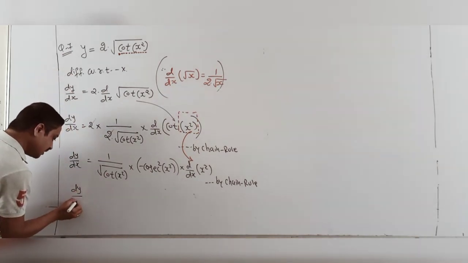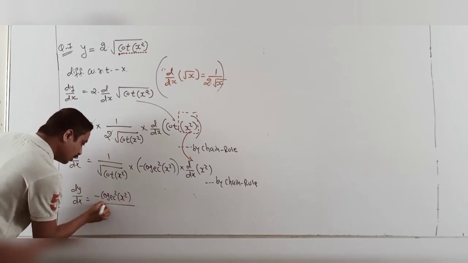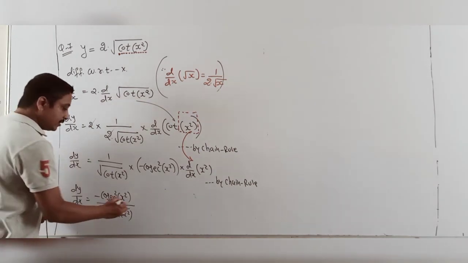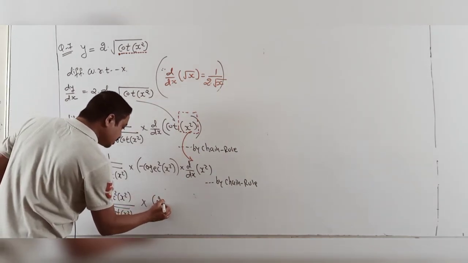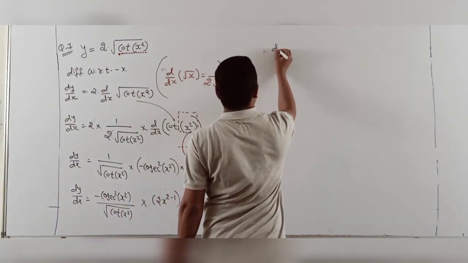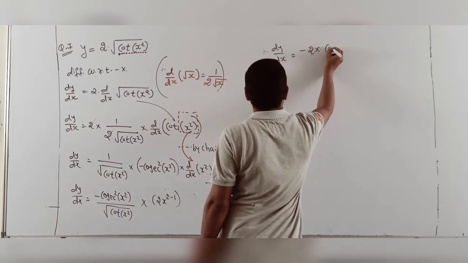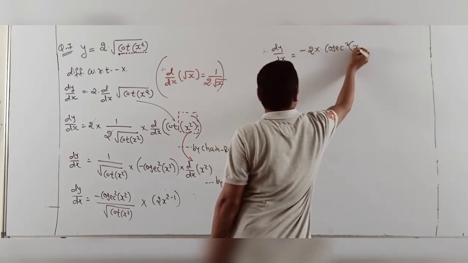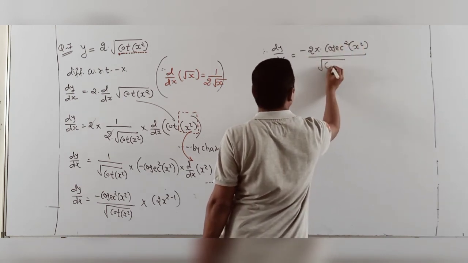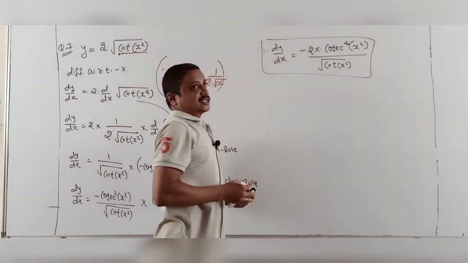So dy by dx is minus cosec x square upon under root cot of x square, same, and into 2x raised to 2 minus 1. It means finally dy by dx, students, my answer is minus 2x into cosec x square divided by my function, under root cot x square. Yes, students, here I have done this question's answer.